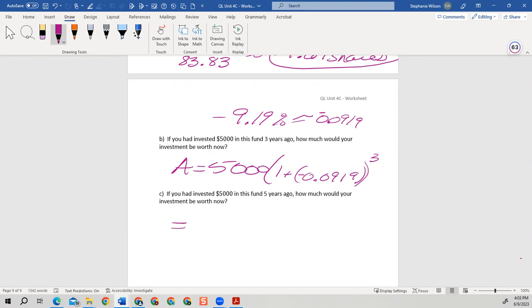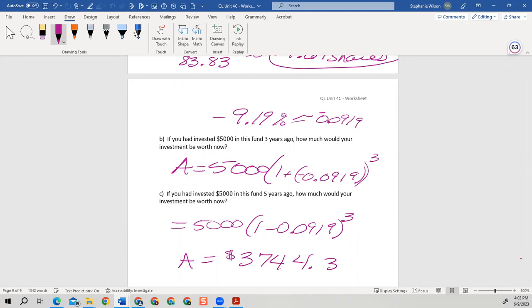And I didn't give myself enough room here, did I? Okay, let's finish this up. And I get $3,744.30.